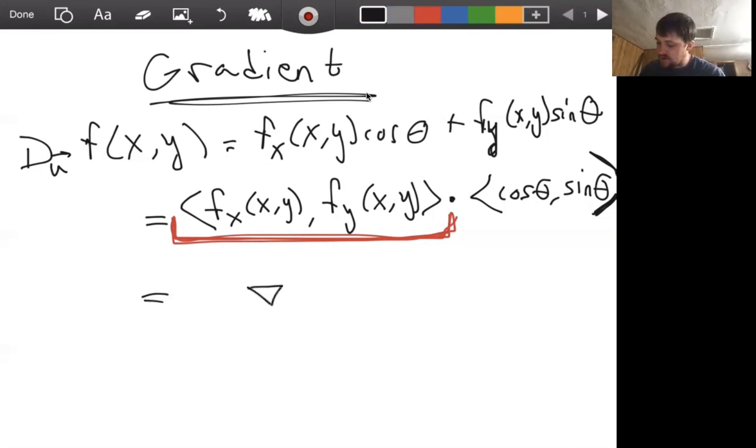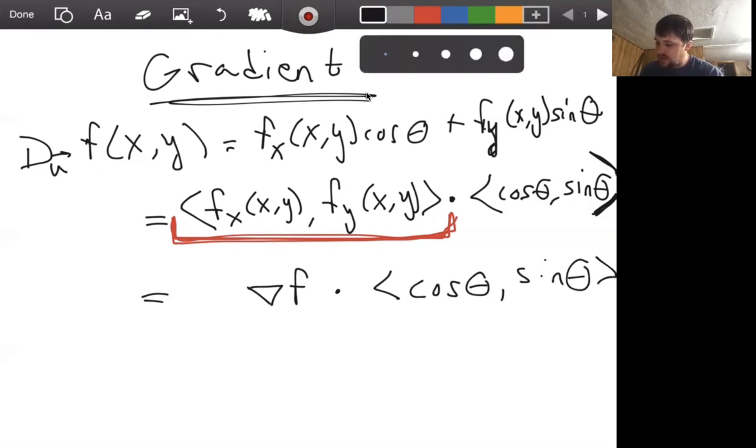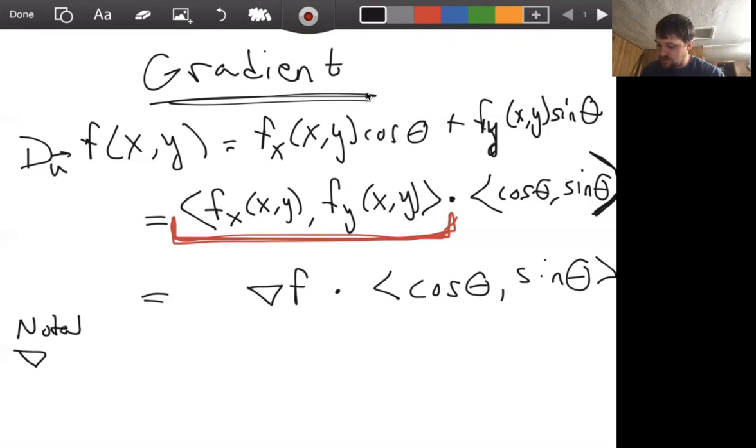It's an upside down triangle, called a nabla, N-A-B-L-A, but it's usually read as grad.